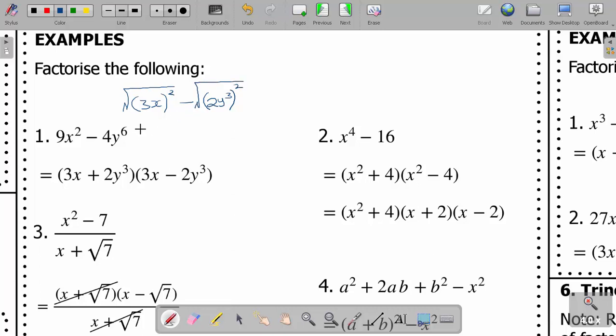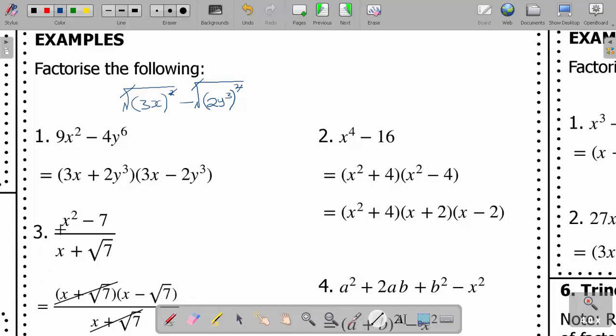The square root of 3x squared, you know guys, it's like cancelling the root sign with the square. Likewise here, cancel the root sign with the square. I'm left with 3x, then minus 2y cubed. So I'm going to have two brackets here: 3x plus 2y cubed and then 3x minus 2y cubed. That's why our answer becomes like that.